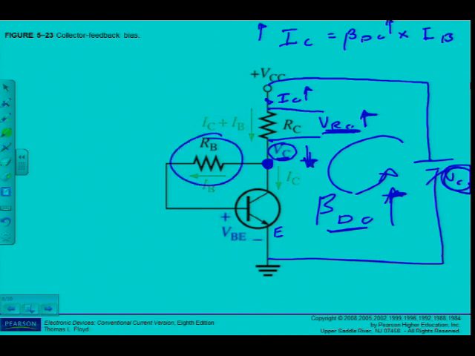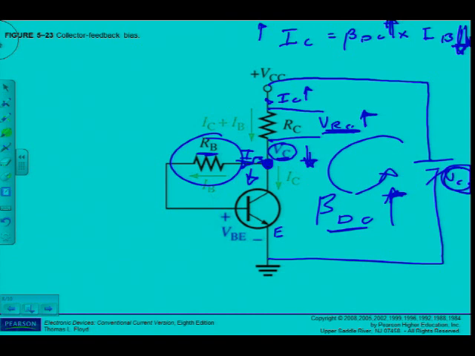The voltage drop over RB. Because the supply has now decreased, the volt drop over RB must decrease. In other words, IB must decrease. And can you see what happens here in my formula? Beta DC increased.